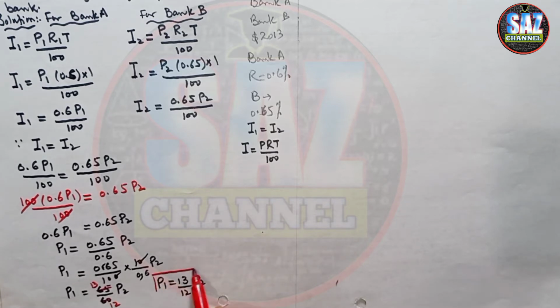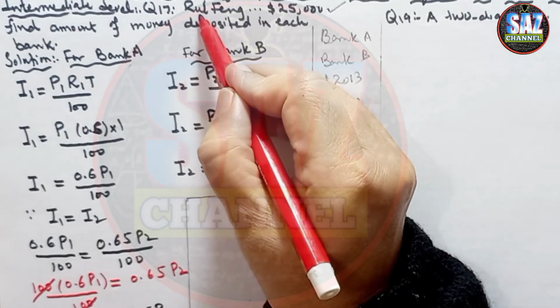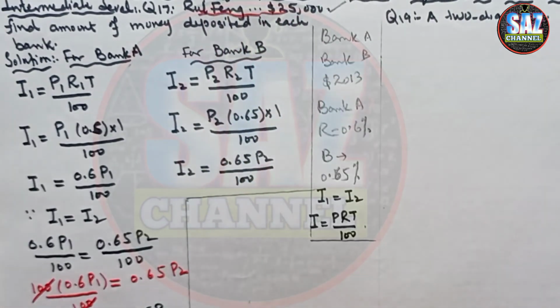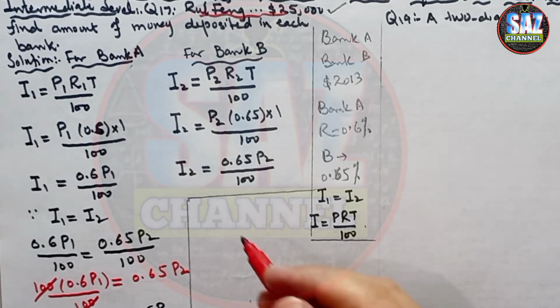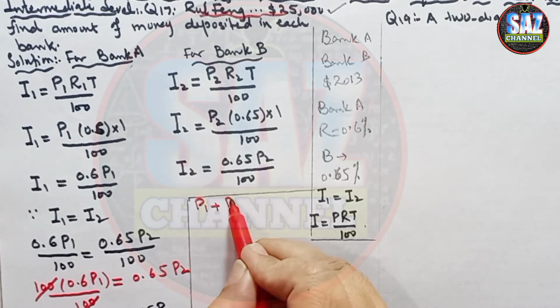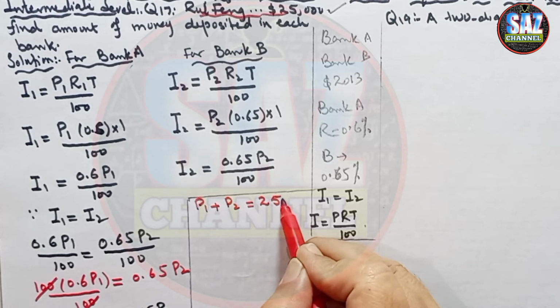As we can see, the question has two variables, so there must be two equations. Now, how are we going to form the second equation? If we read the starting line of the question, it says Rui Fang is depositing $25,000, that means P1 plus P2 equals 25,000.